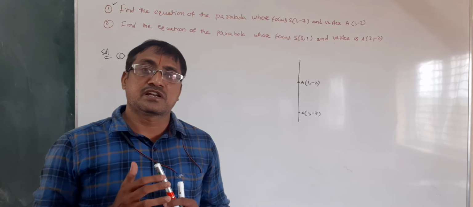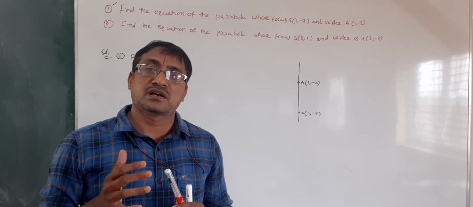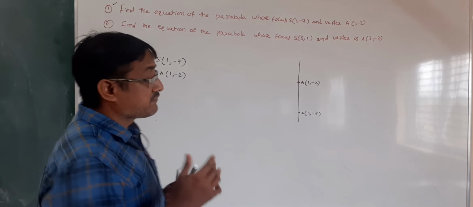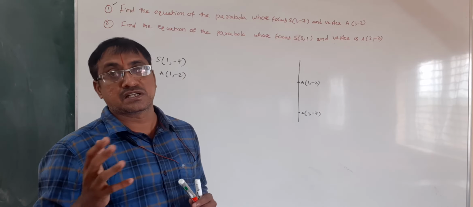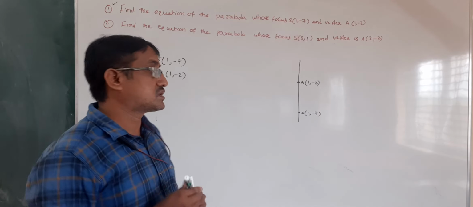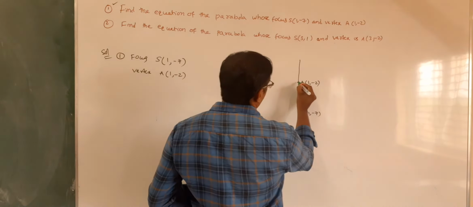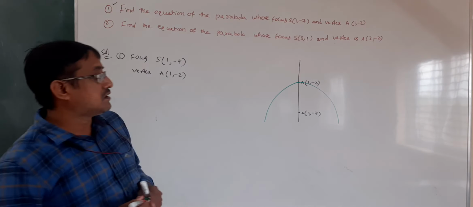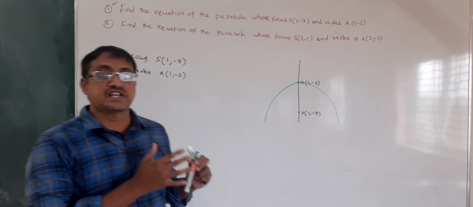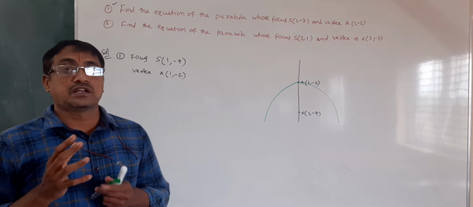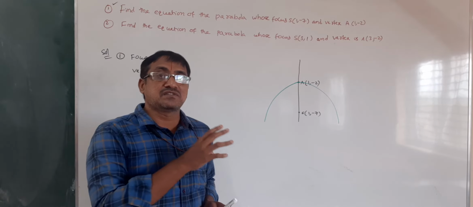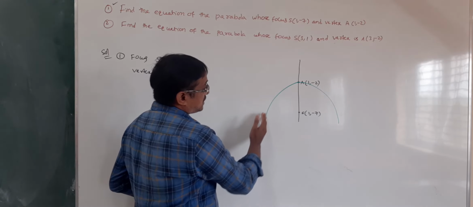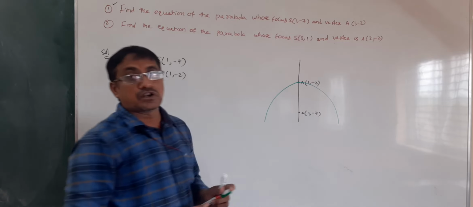In each shape you can observe that every parabola curve opens towards its focus and passes through the vertex. So this is the shape of the parabola. And remember that its axis is vertical, that means the axis is parallel to the y-axis.